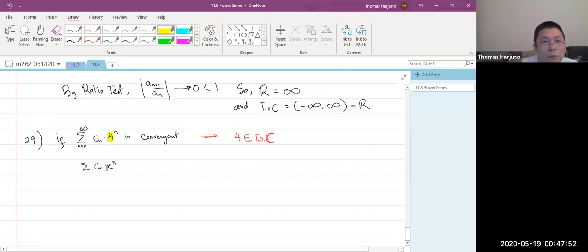So if when x equals 4 it is convergent, it means the interval of convergence contains 4. You see?